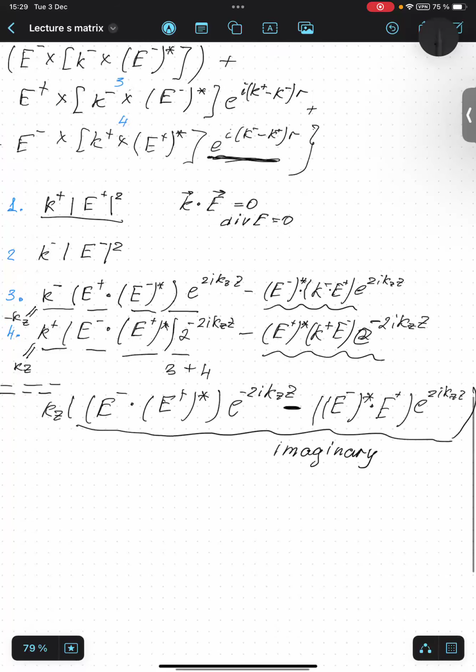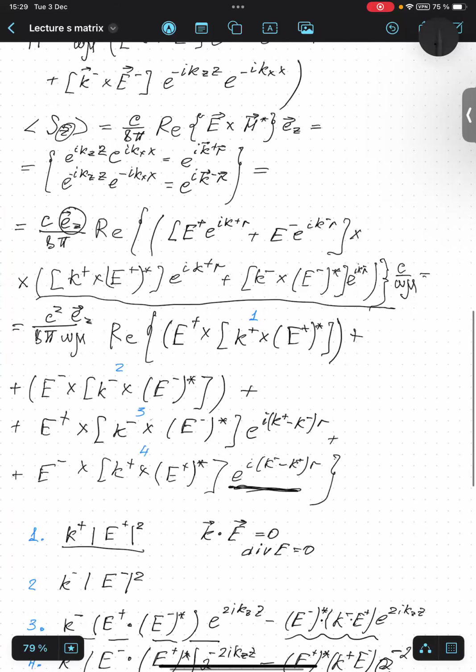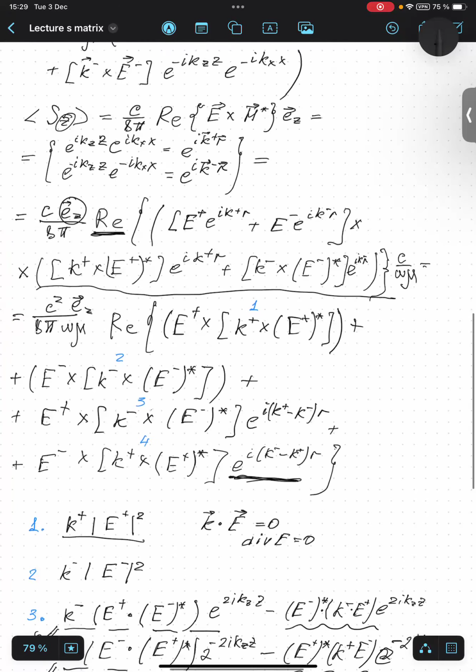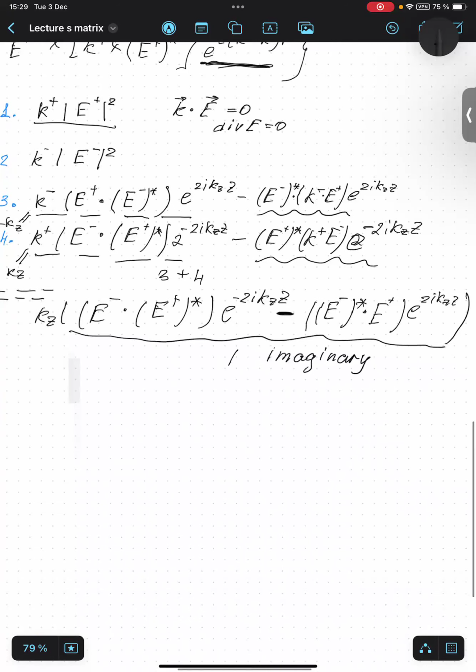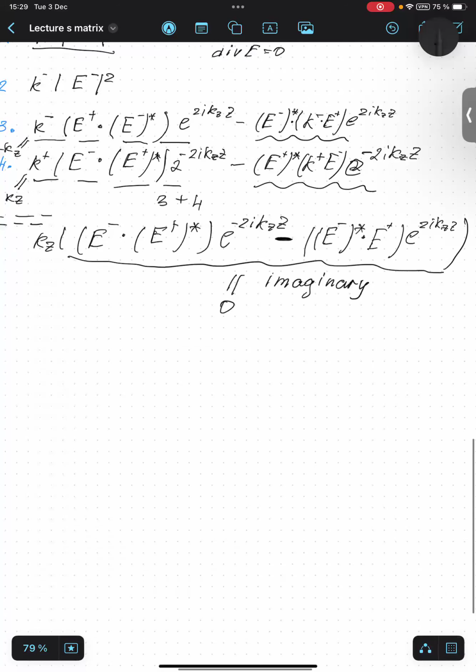So as far as we know, for Poynting vector, we should only calculate the real part. Then for Poynting vector, this one will be 0. We will not be interested in these parts. So let's consider the other ones.